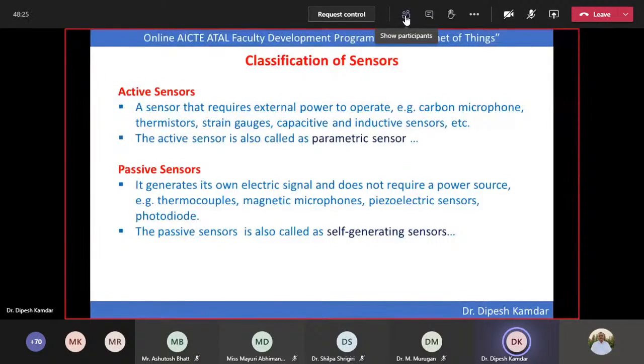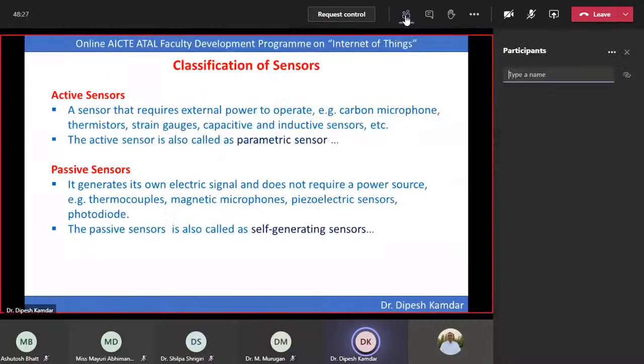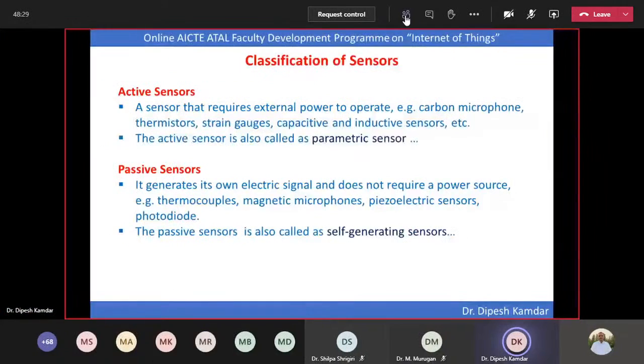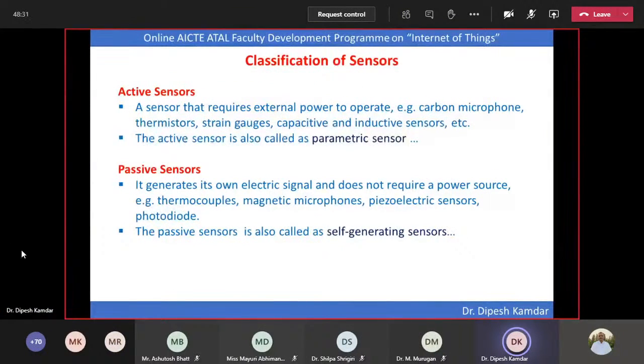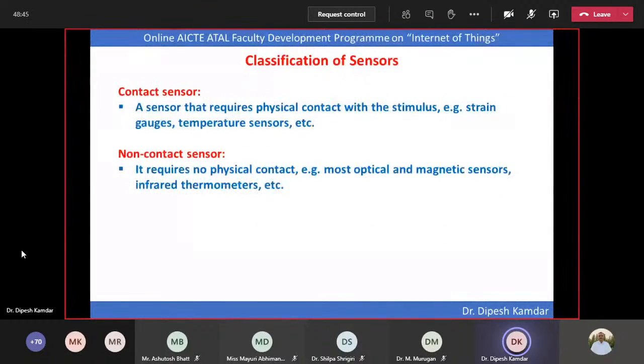Like a piezoelectric sensor, when it vibrates, it generates an output voltage. We can measure it and take the data from that. Passive sensors are self-generating sensors which do not need any external power supplies.